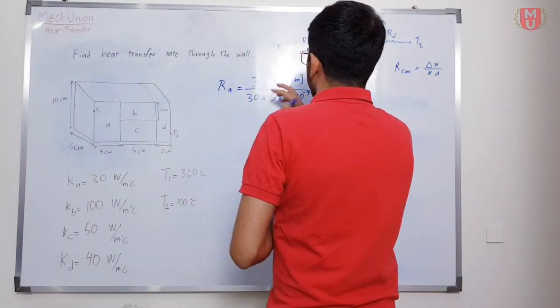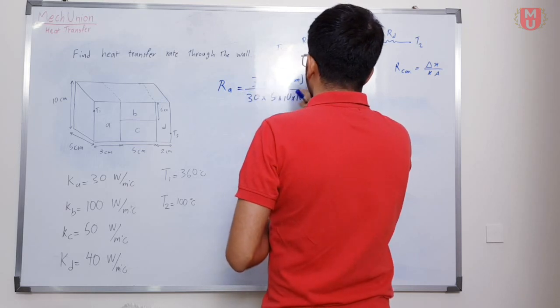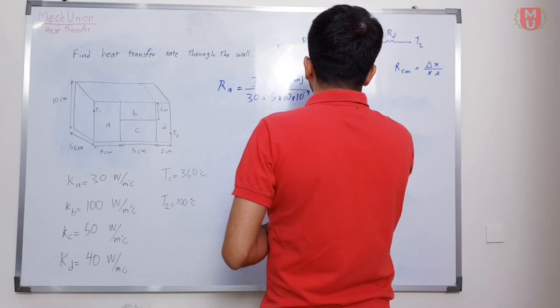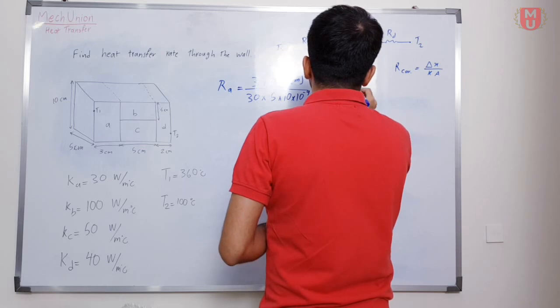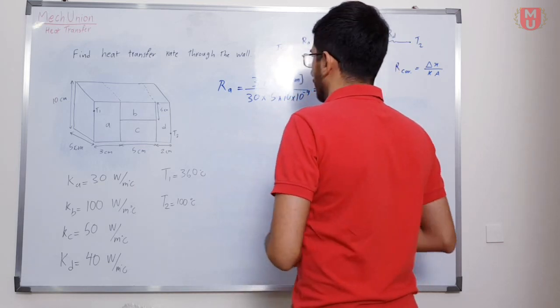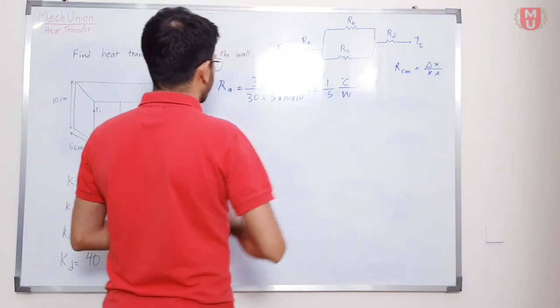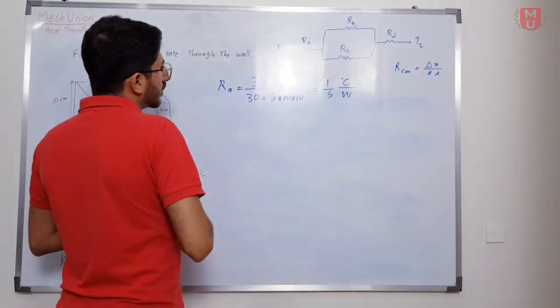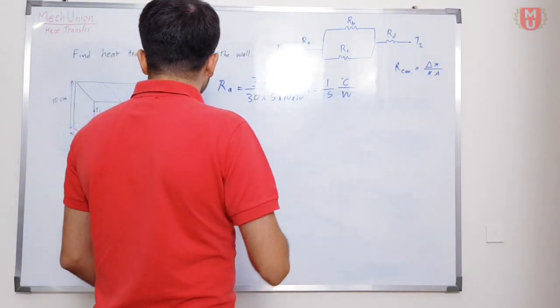It will all cancel out, equals 1 over 5 degrees centigrade over watt. It is the unit of R, or resistance.